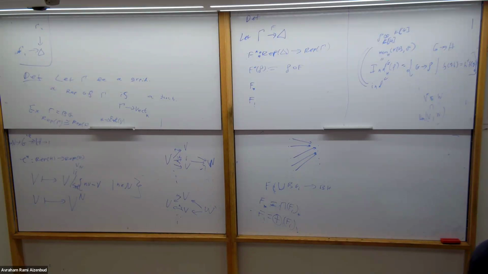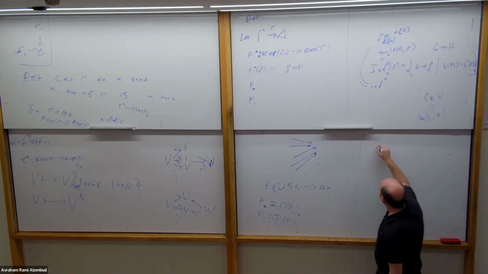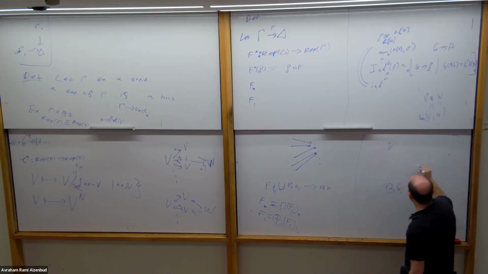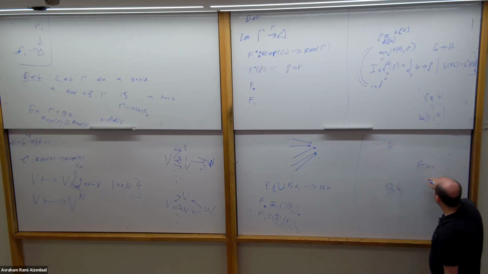Okay, so the next thing I want to skip, no, maybe I will only partially skip it, is co-limits of groupoids. I tried to prepare, but not yet. But I will say one example which I probably said last time. BH, or BG, sorry. We have a diagram BG1, BG2, BH.